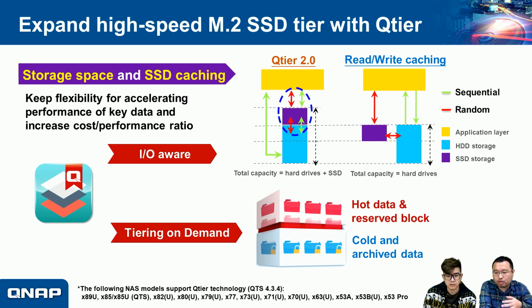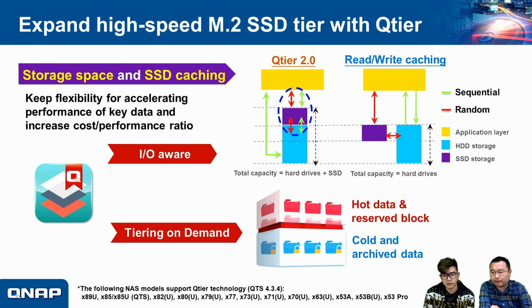It also moves the less frequently accessed data into the 3.5-inch big capacity hard drive zone. And a new feature in Qtier 2.0 is that you can set up tiering on demand on a specific share folder. This makes it much easier for NAS administrators to define and categorize data access with specific Qtier share folders, so it helps you with better data management.